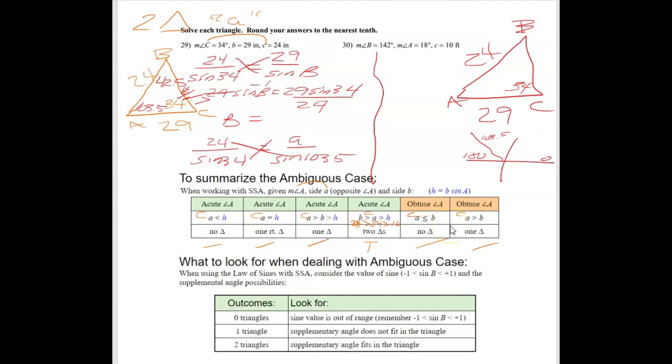Alright, so let me change colors. And since we are originally given C and B, we want to go off the B angle.